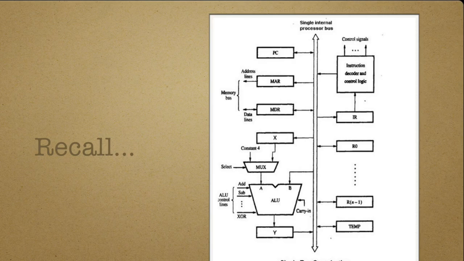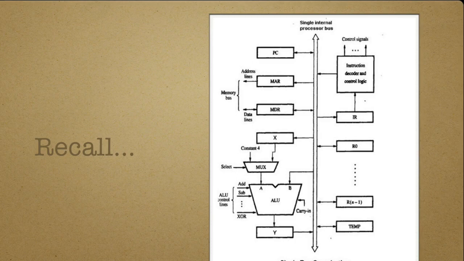Now we have discussed all the components of the CPU. I hope you can understand this figure easily. We have discussed various registers including PC, MAR, MDR, IR, etc. And you can see here R0 to Rn-1.